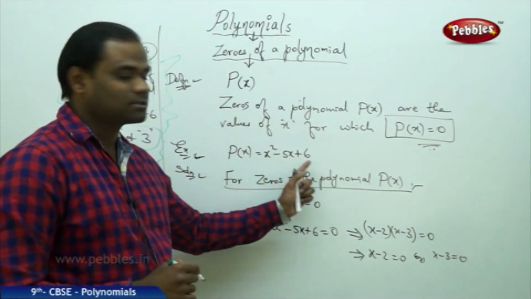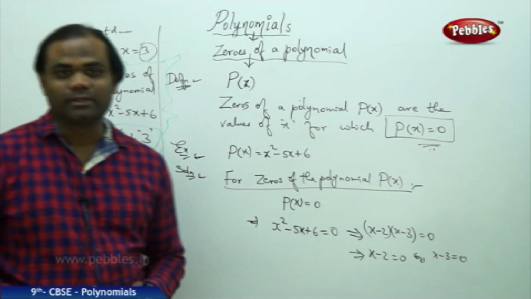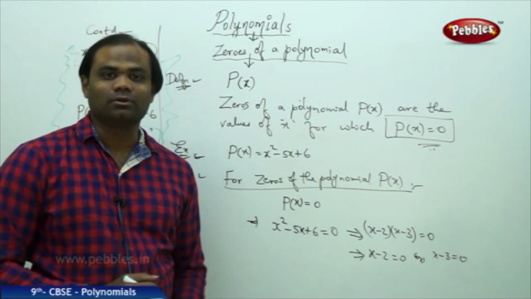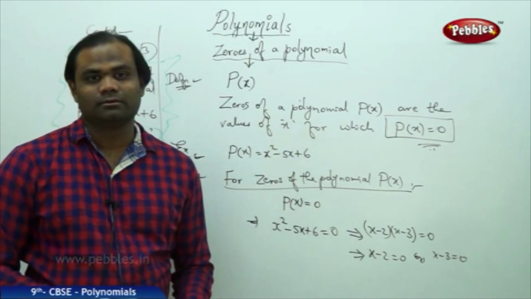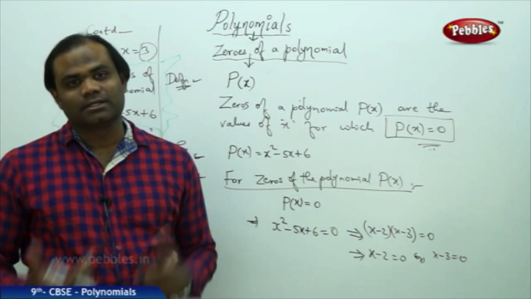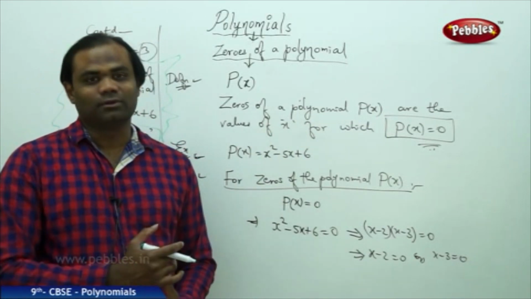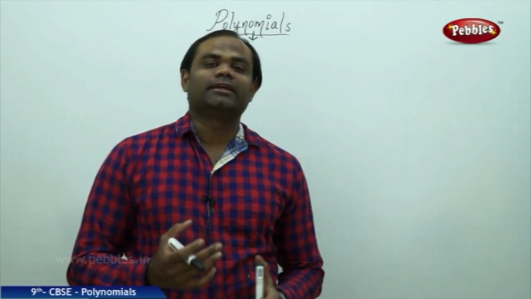Equate p of x to 0, find x, and that x is the zero of the given polynomial p of x. It's simple. Now let's take an exceptional problem.